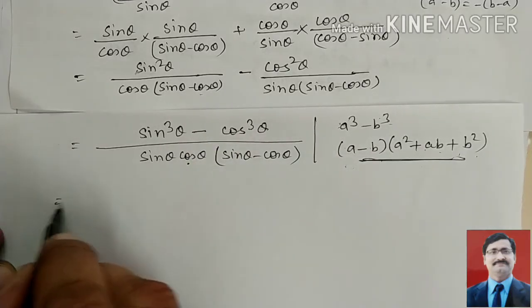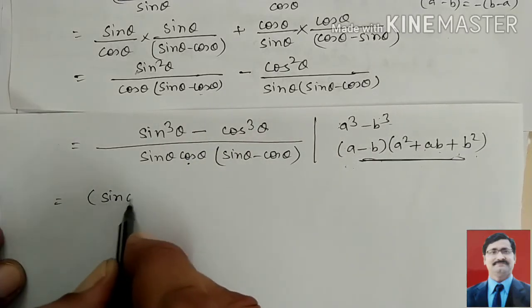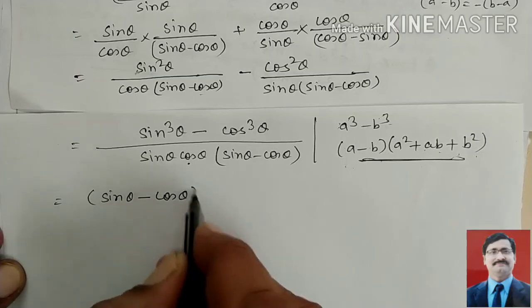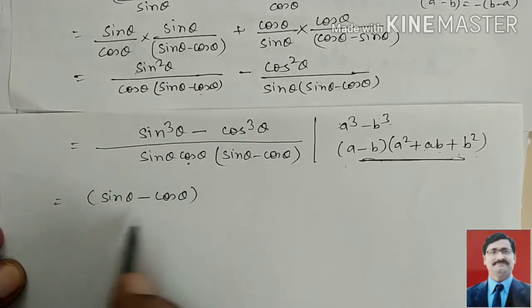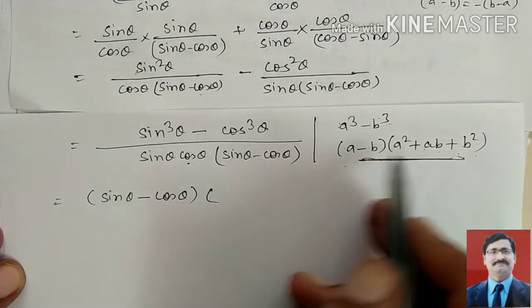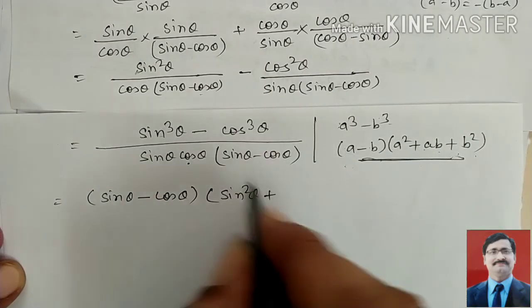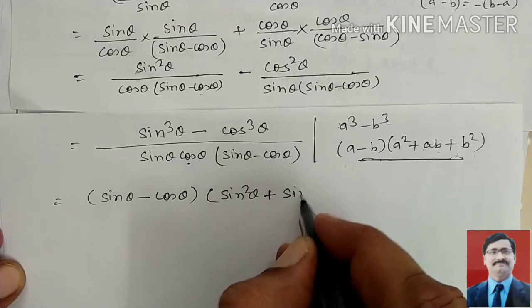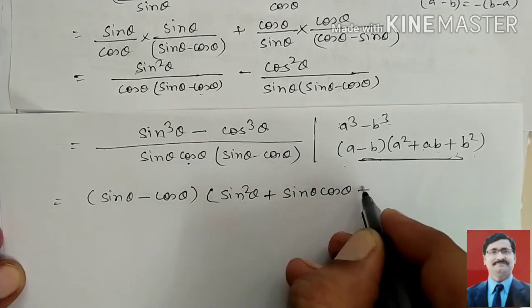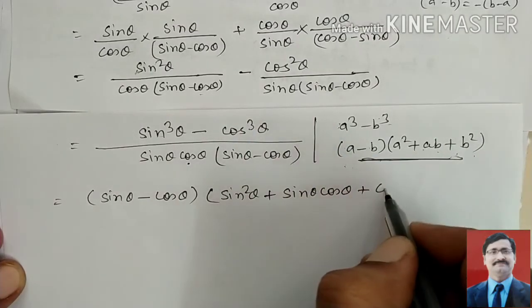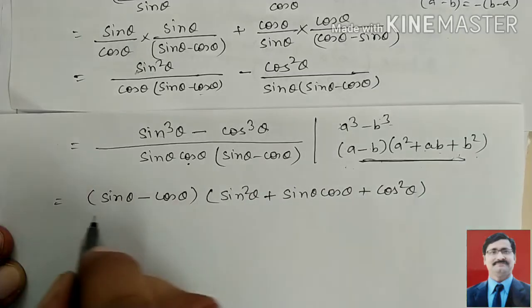So what we get, look here, sine theta minus cos theta, that is a minus b. Now a square of first means sine square theta, then plus ab means sine theta into cos theta, then plus b square means cos square theta. All understand this?